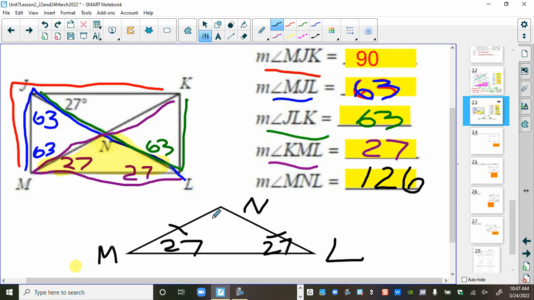And then the last part right here, she had to find the difference. So it was 180 minus 27 minus another 27. So that's how we got that 126 up here. So excellent job. Okay, anybody have questions on any of these four angle measures? Because that was great work.